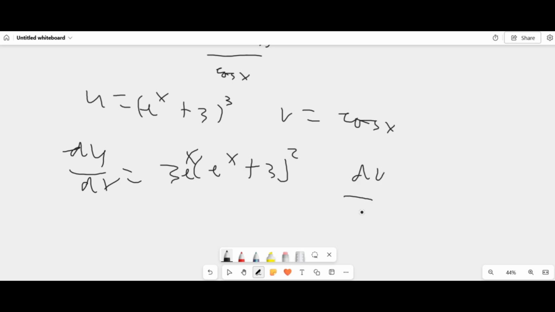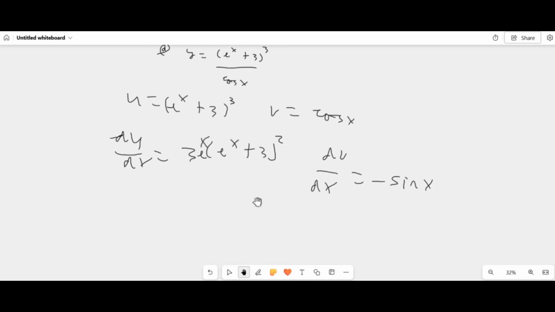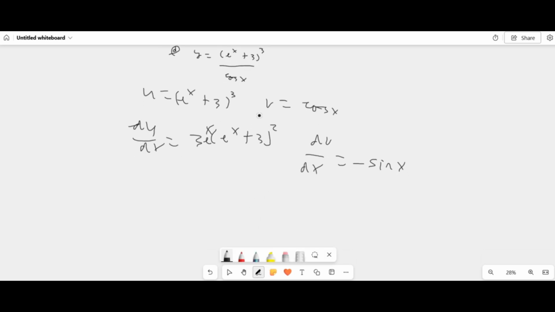dv over dx here is going to be cos differentiated, which is minus sine x. Alright, cool. So with that times that, we got 3e to the x, open bracket e to the x plus 3 squared, cos x.